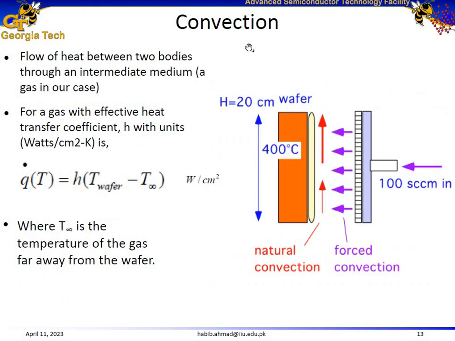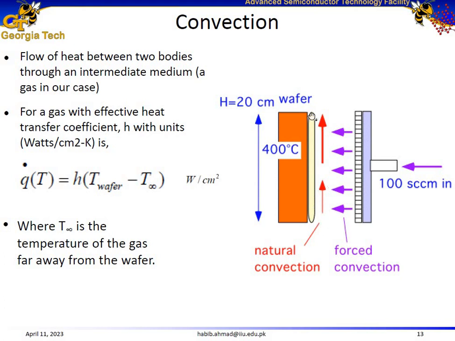The second mechanism for heat flow in rapid thermal processing is convection. In convection, the two bodies are not actually in direct contact with each other. The flow of heat is performed between two bodies through an intermediate medium, for example a gas.